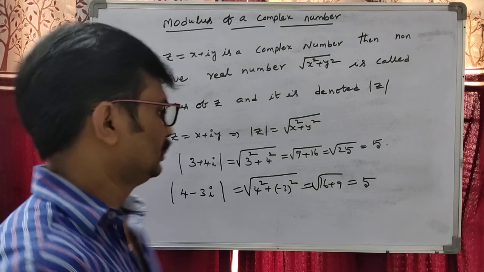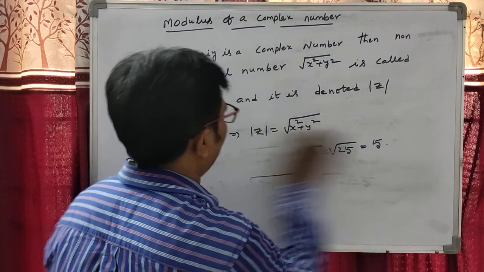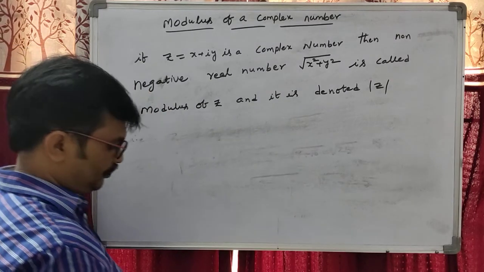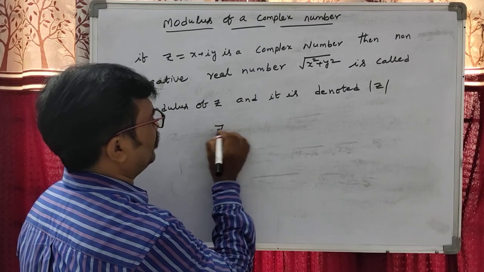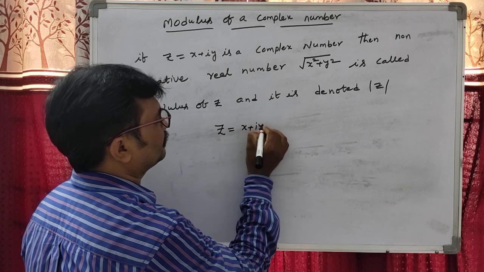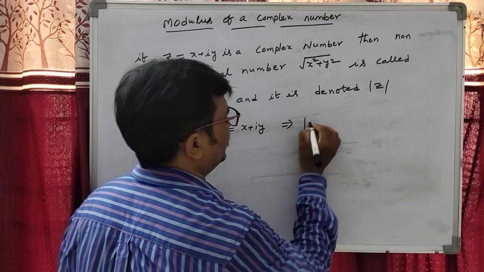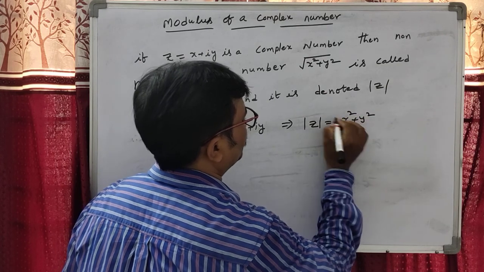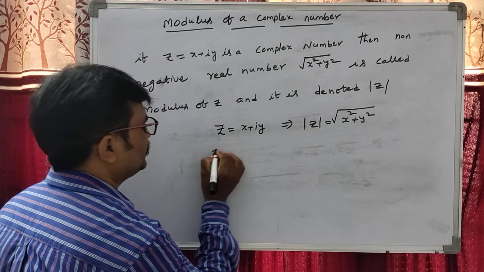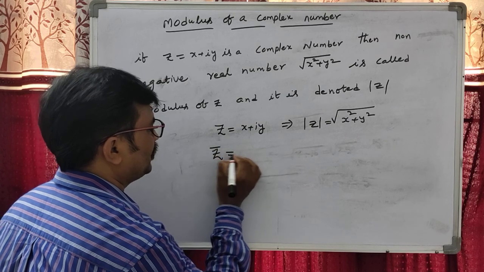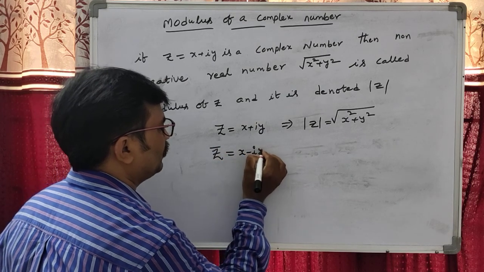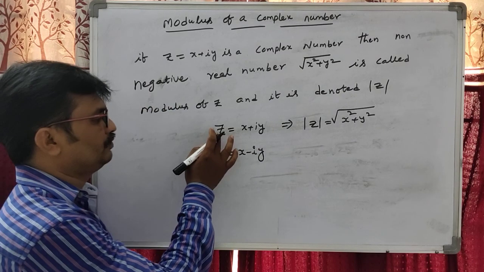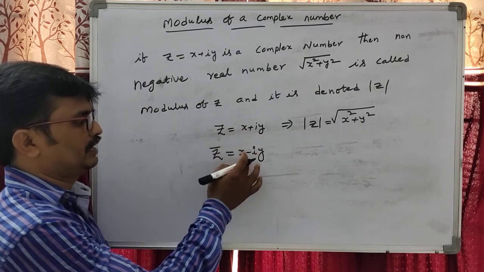Okay. Therefore, students, if z equals x plus iy, then mod z is root of x square plus y square. What is z bar, students? In the previous class, we discussed the conjugate. The conjugate of z is z bar, that is x minus iy.